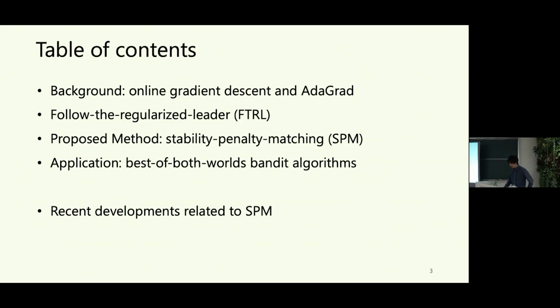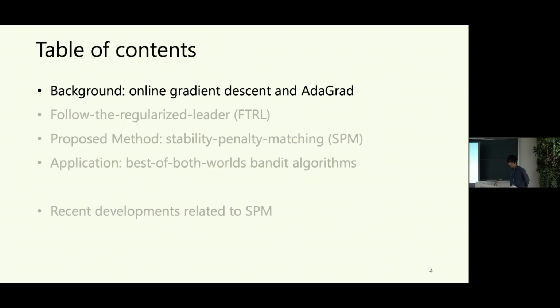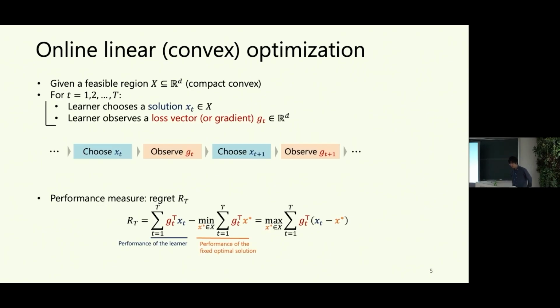First, I'd like to start with an introduction of online gradient descent and AdaGrad as the background of our research. Online linear optimization or online convex optimization is one of the most basic problem setups in online learning, in which the learner chooses action x_t and then observes a loss vector or a gradient g_t.